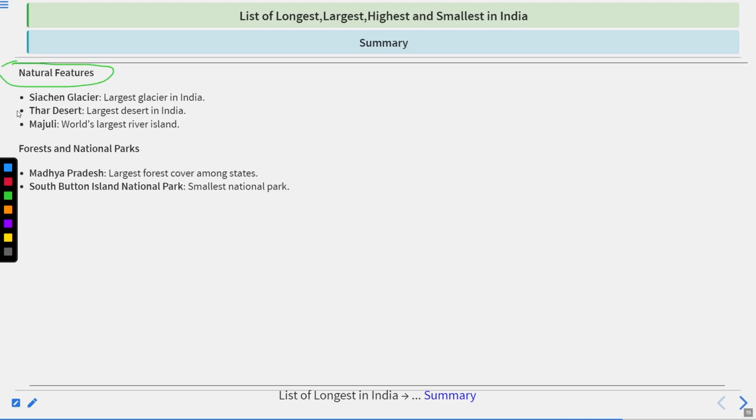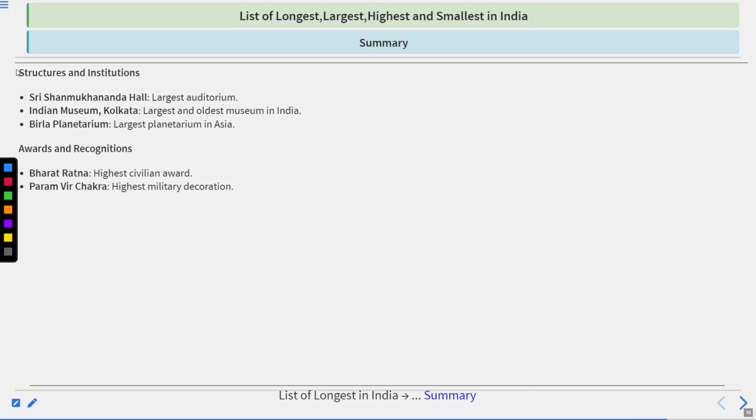Natural features: Siachen Glacier, Thar Desert, Majuli. Forests and national parks: Madhya Pradesh, largest forest; South Button Island National Park, smallest national park. Structures and institutions: Shanmukhananda Hall, largest auditorium; Indian Museum Kolkata, largest and oldest museum; Birla Planetarium, largest planetarium in Asia.